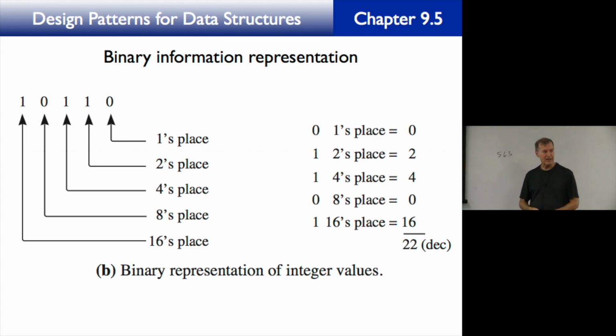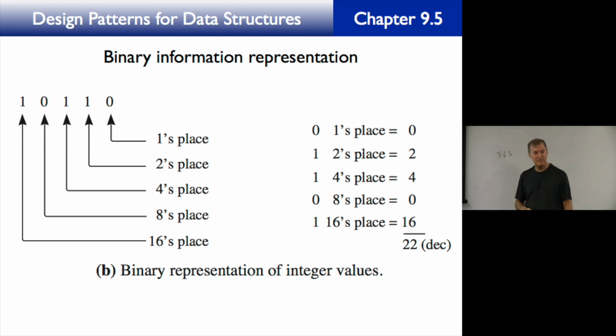So the way unsigned binary integers are stored is using this representation. In part B of the figure we have the binary number 10110. That means there's 0 in the 1's place, 1 in the 2's place, 1 in the 4's place, 0 in the 8's place, and 1 in the 16's place. You add all those up, you get 22. So that's how the number 22 is stored.